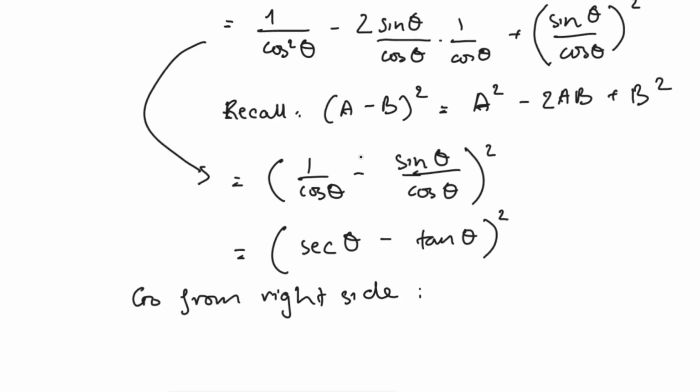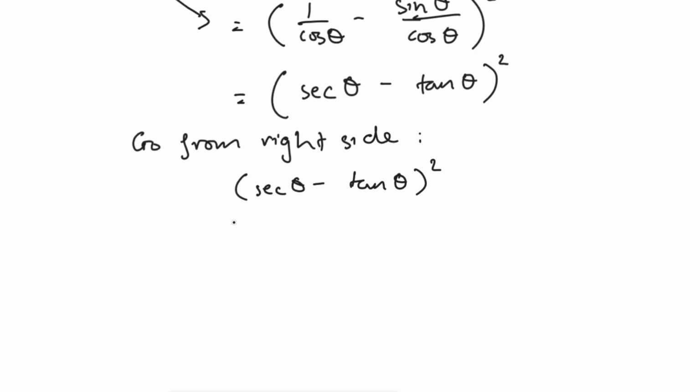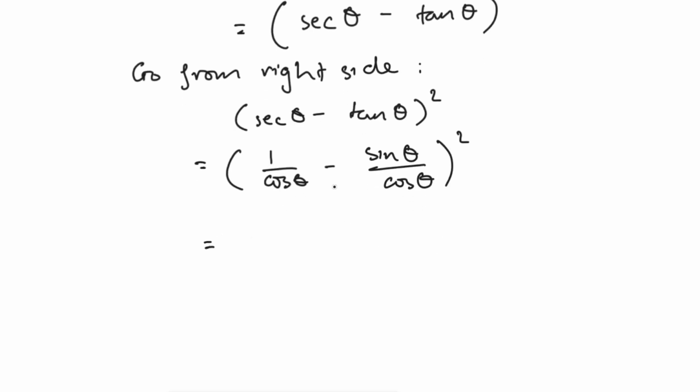So we have secant minus tangent, all square. Secant equals 1 over cosine, minus tangent equals sine over cosine, all square. So we have a common denominator, so we will group it.